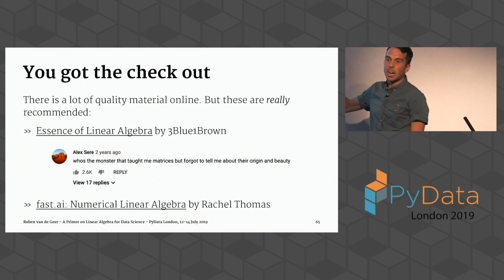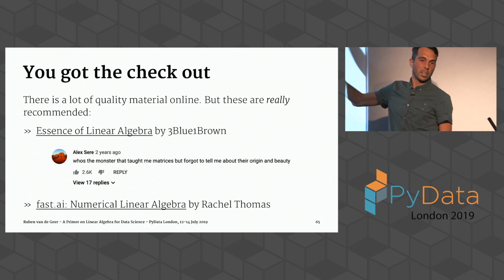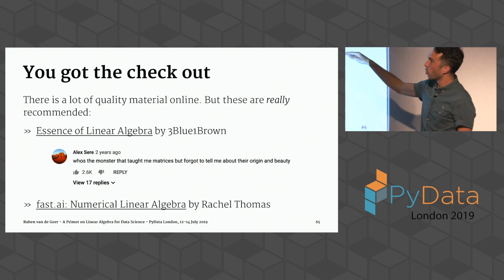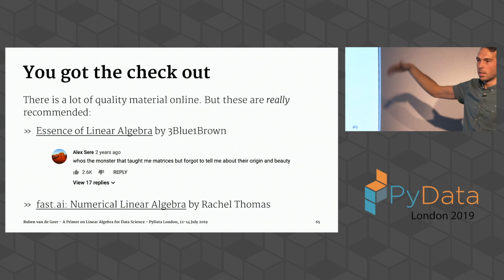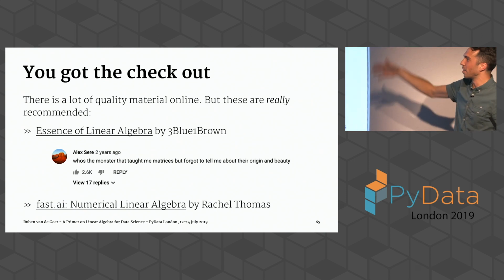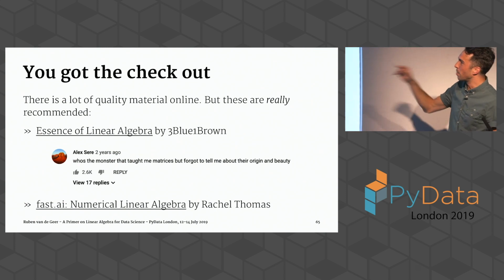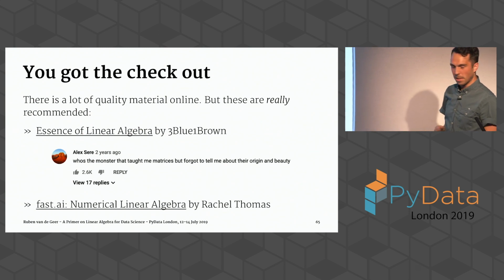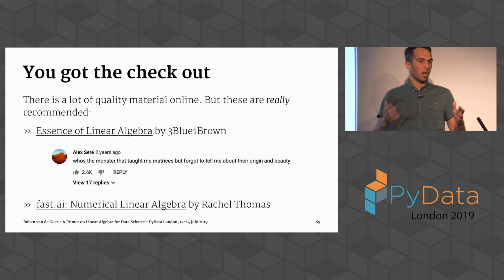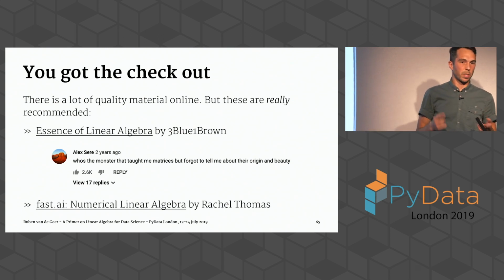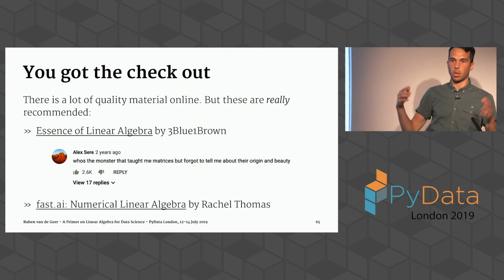These are two sources that are highly recommended if you like this stuff. The first one is a YouTube playlist, a list of videos, made by 3Blue1Brown. It's a visualization of all kinds of very abstract linear algebra topics, like eigenvectors, eigenvalues, but also matrix decomposition.